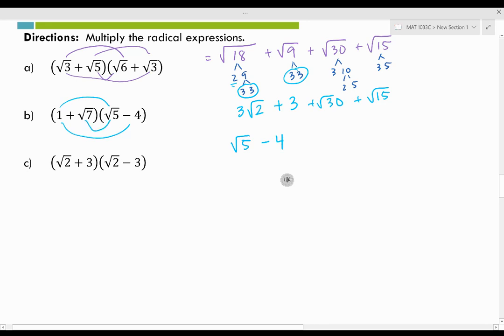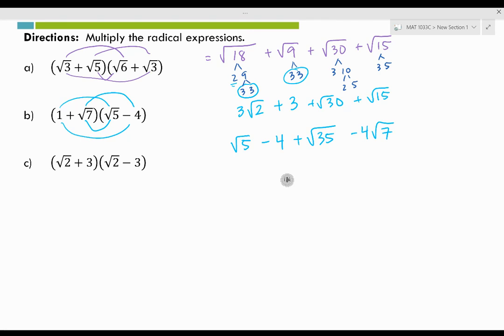Square root of 7 times square root of 5, that is the square root of 35. And square root of 7 times negative 4, that is negative 4 square root of 7. Remember, if numbers are not underneath a radical, you can't just multiply the 4 and the 7 together. Make sure that the 4 stays on the outside, 7 stays on the inside, okay?